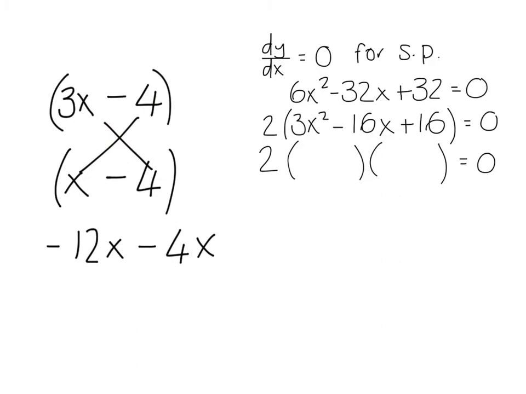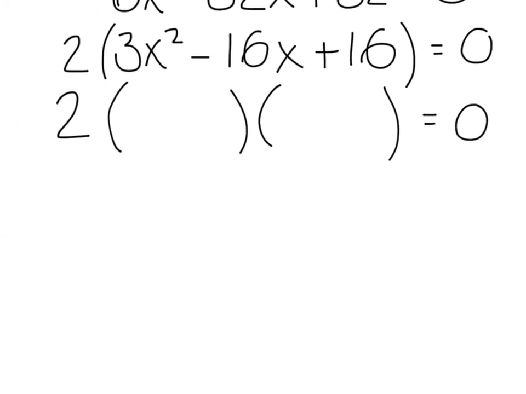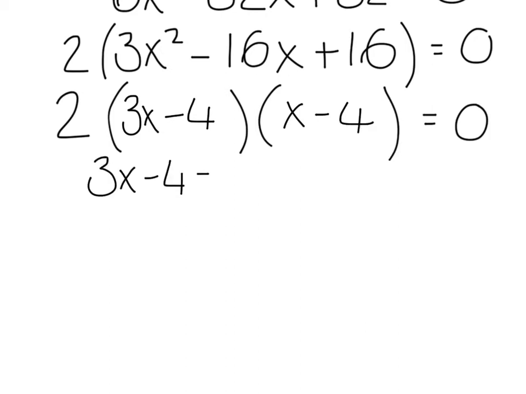So putting those two brackets back into our main set of working, do that over here. So that gives us 3x minus 4 and x minus 4, which means 3x minus 4 equals 0, or x minus 4 equals 0.